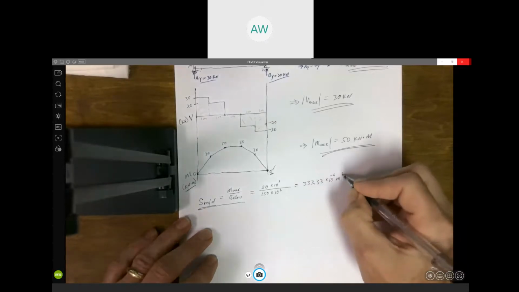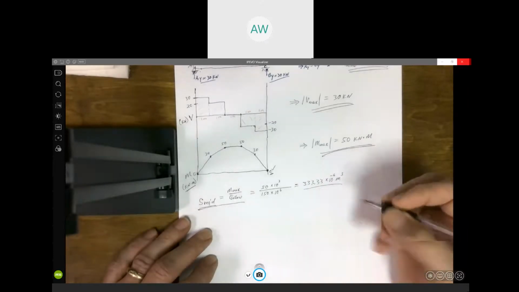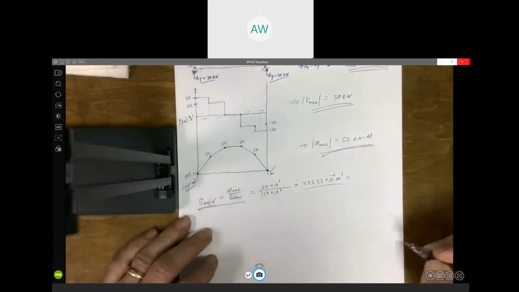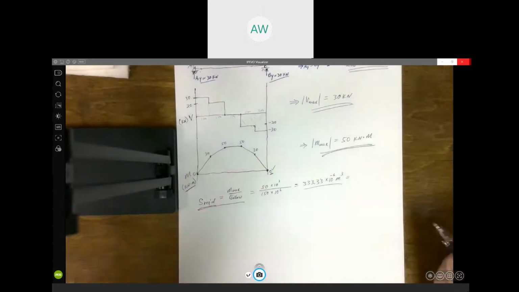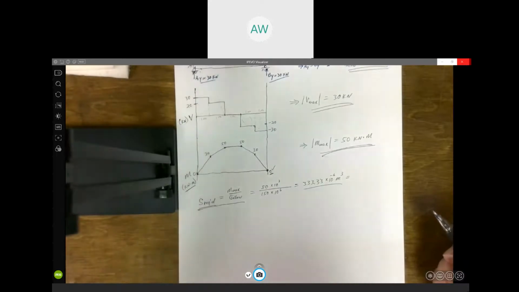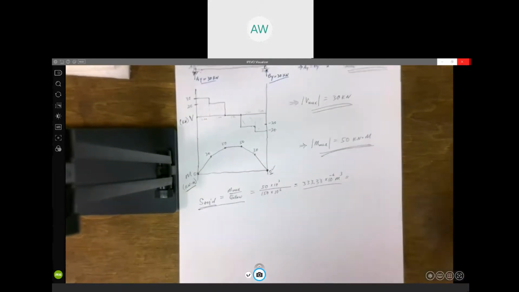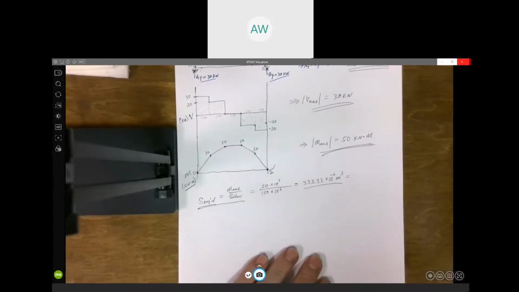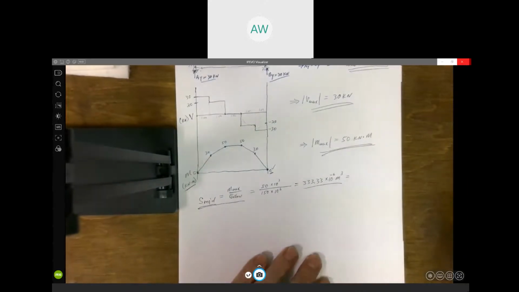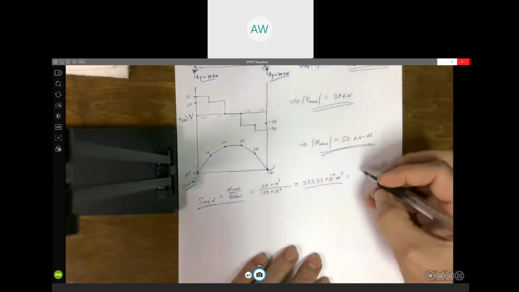These are meters cubed. Now, I'm going to convert this into millimeters cubed because, as you're going to see in just a minute, I know this ahead of time, the table for S is in 10 to the third millimeters cubed.